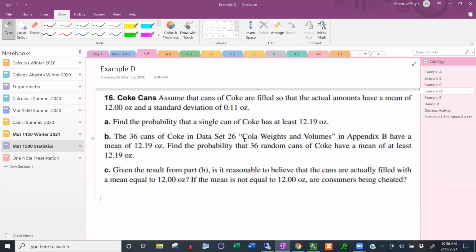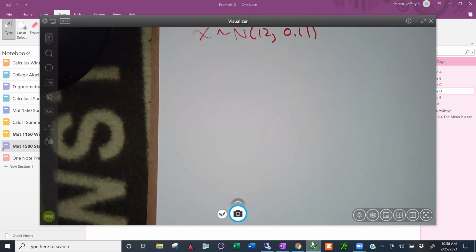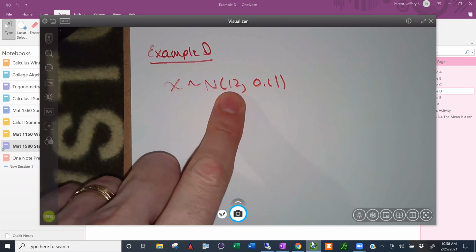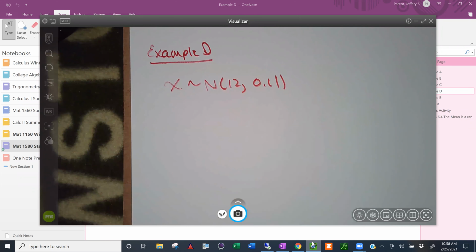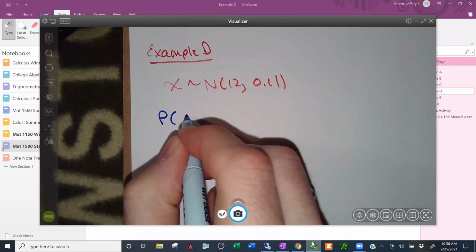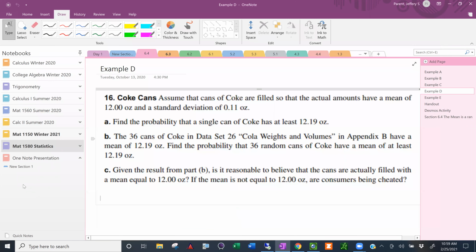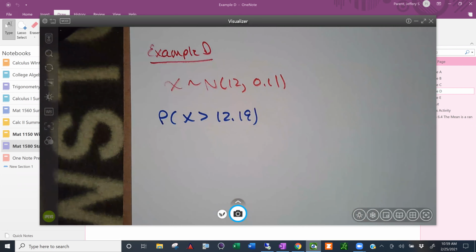Otherwise, you're not really going to be able to make any headway in part A. So let me start by writing this down. X is distributed normally with a mean of 12 ounces and a standard deviation of 0.11 ounces. They ask us for the probability that X is greater than, what was it, 12.19, I think it was? Yes, 12.19. That's part A.